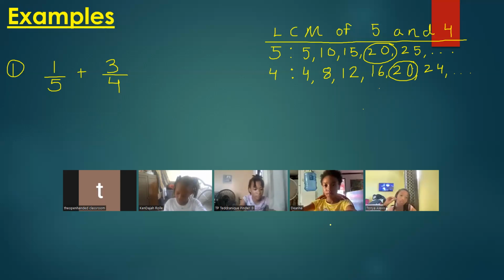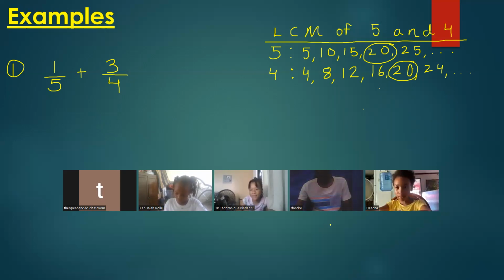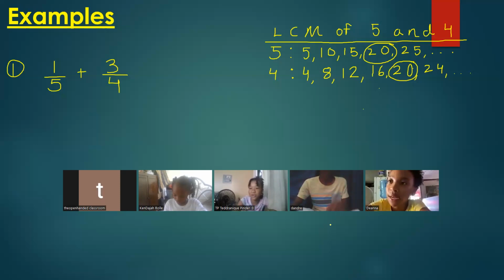Very good. Deandra, what is the lowest common multiple of 4 and 5? 20. And Diana, what is the lowest common multiple of 4 and 5? 20. Anwar, where's Anwar?